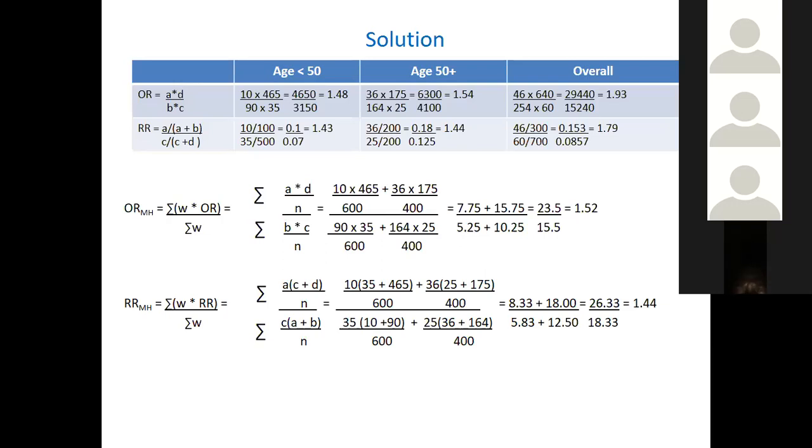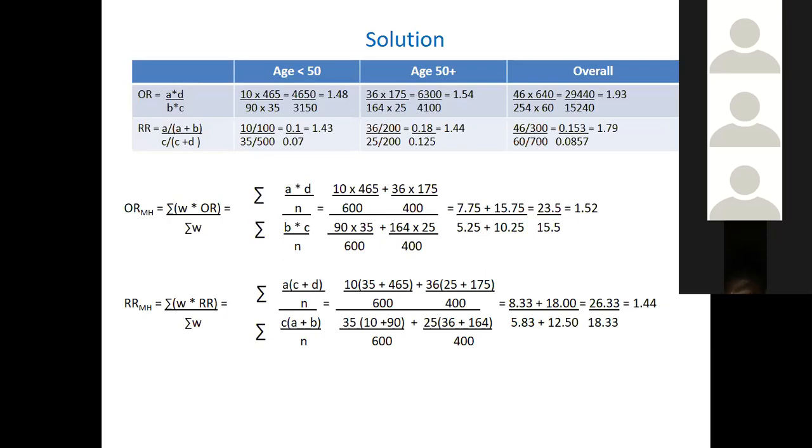I'm looking at the overall. For the same data set, you have different values of odds ratio and relative risk. If you remember what we discussed under odds ratio and relative risk when we were doing our workshop, we said that when relative risk is greater than 1, the value of odds ratio is greater than relative risk.